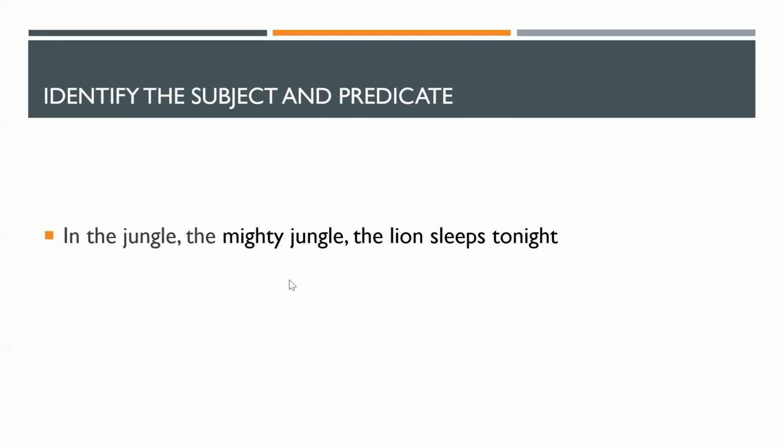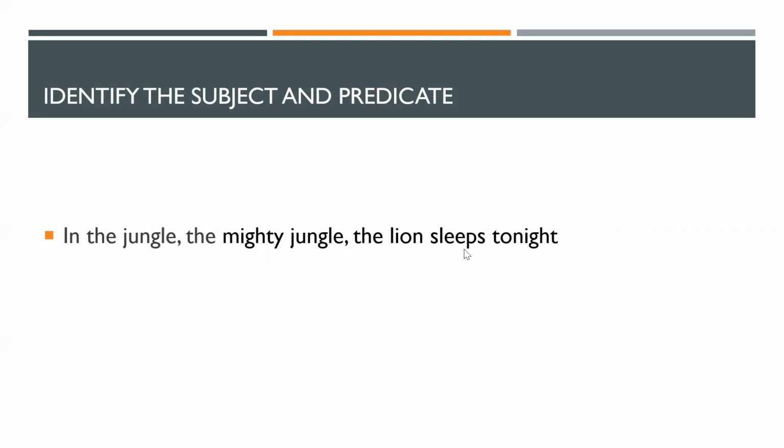Next one, you have the lion sleeps tonight. So you have the subject here is the lion, and then the predicate is sleeps. If you have the lion, the simple subject is lion, right? The simple subject is lion.